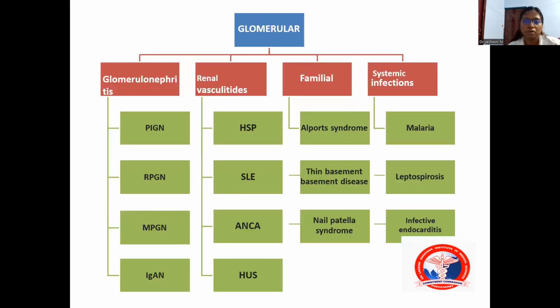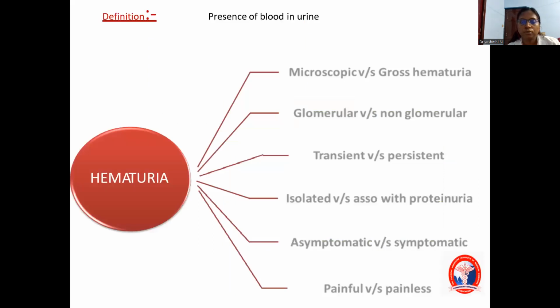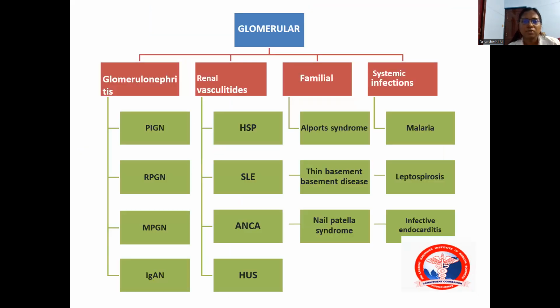Coming to glomerular causes, as I've told you, you can differentiate hematuria into a glomerular cause or a non-glomerular cause. Glomerular causes could be glomerulonephritis, renal vasculitis, familial, or systemic. Familial causes are Alport syndrome, thin basement membrane disease, and nail patella syndrome. Glomerulonephritis includes post-infectious glomerulonephritis, RPGN, membranoproliferative glomerulonephritis, or IgA nephropathy.